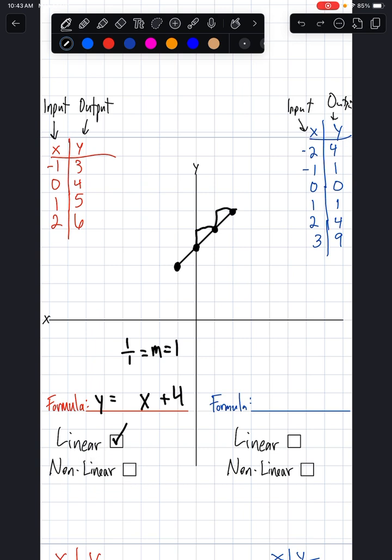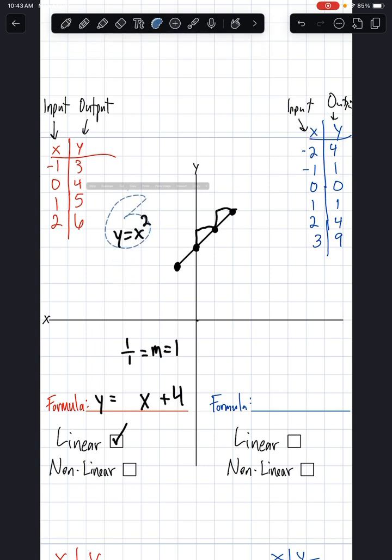You'll see graphs that have a curve, or like this, it's like a U. Those are called exponential functions, like y equals x squared, because if you input a 1, you get y equals 1 squared, which equals 1.